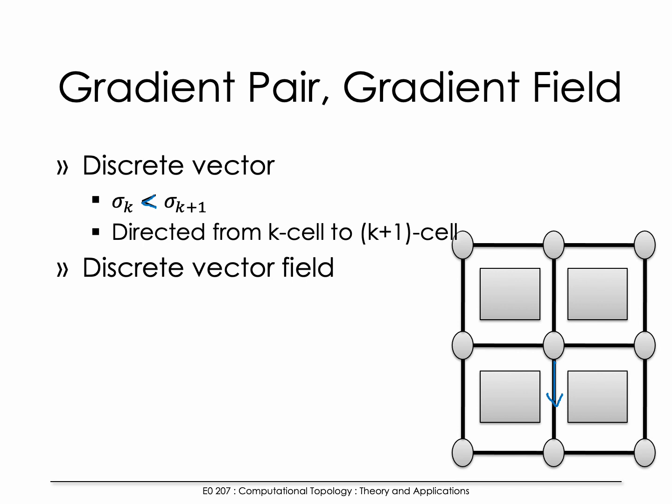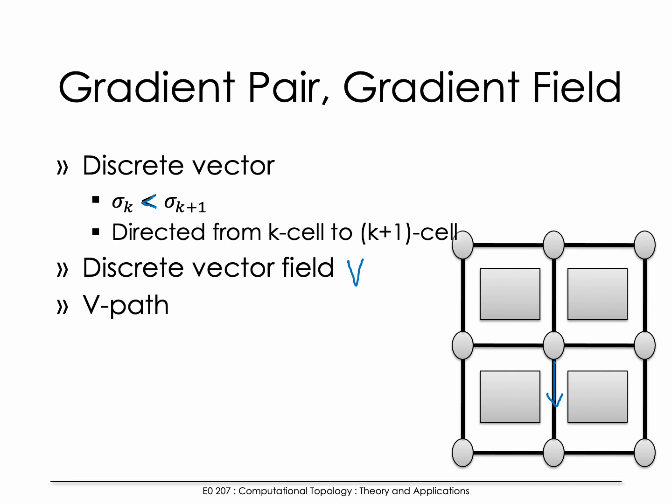So if we have a collection of vectors between the 0-dimensional and 1-dimensional cells, we will call it a discrete vector field if every edge and every node participates in exactly one vector. Such a collection of vectors is called a discrete vector field. Let's say capital V.